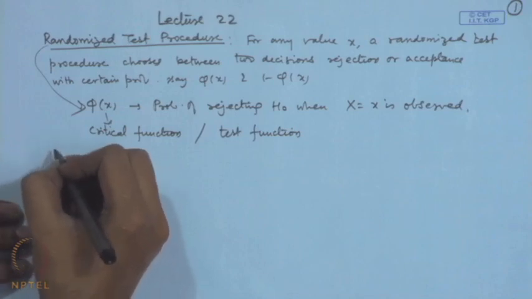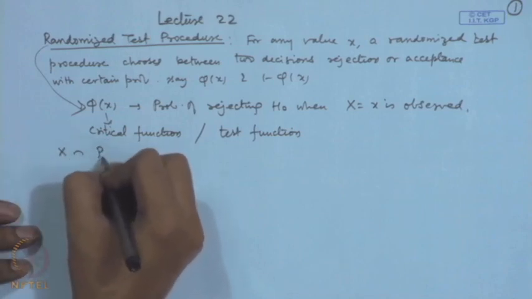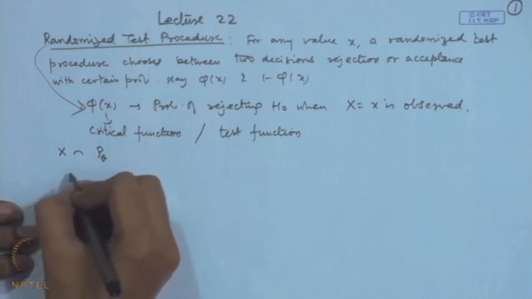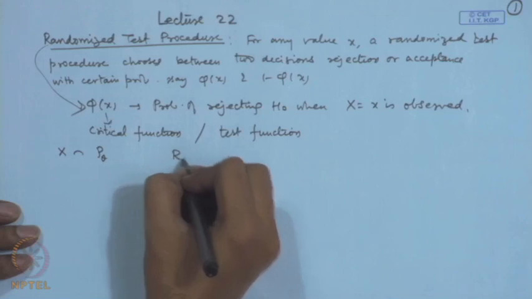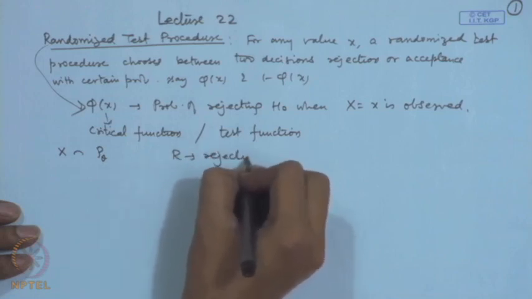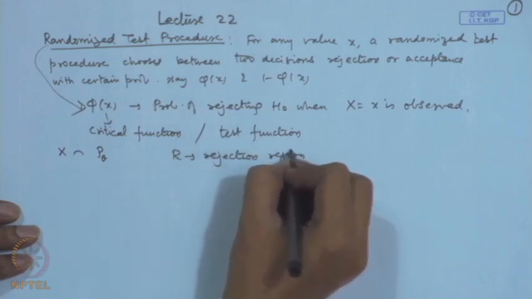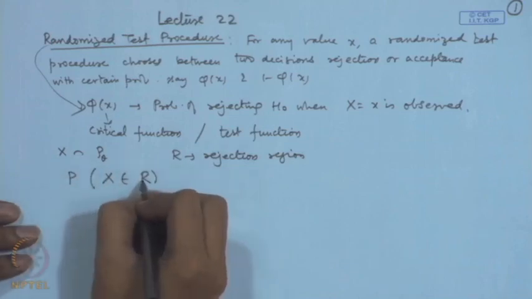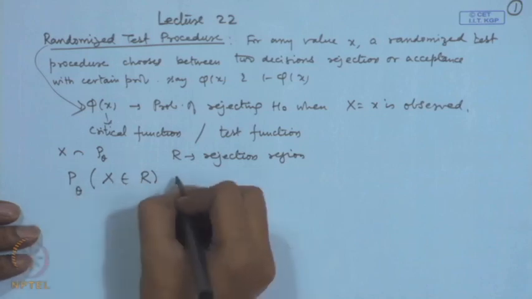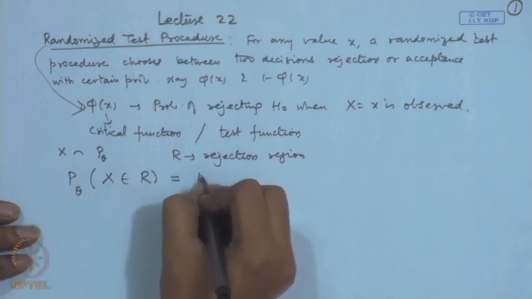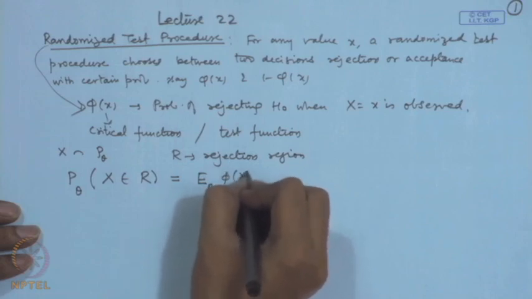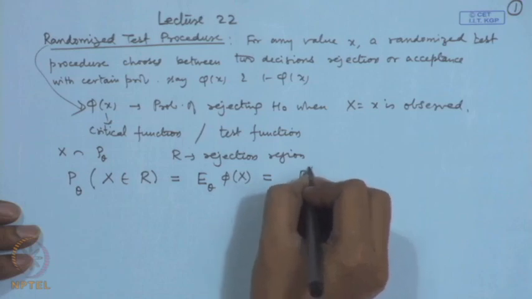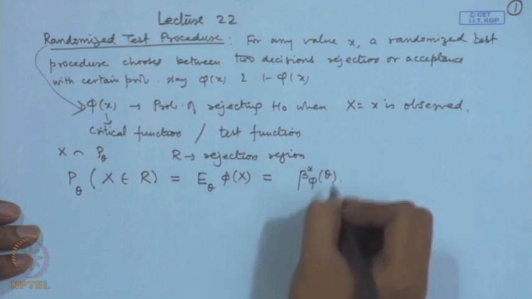So, let us say x follows P theta and R is the rejection region. The probability of x belonging to R, that is, the probability of rejecting H naught when theta is the true value, is actually the expectation of phi x, for which we use the notation beta star phi theta.